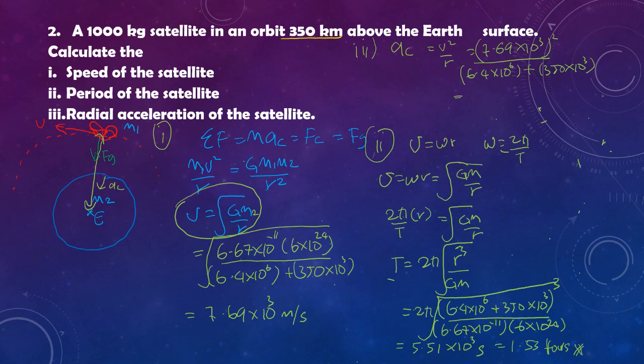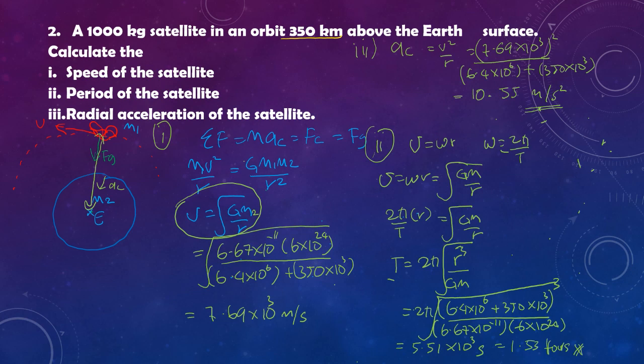Don't forget to use your calculator. You will get 10.55 meters per second squared. Don't forget the unit for acceleration is meters per second squared. Okay, done for number 2.